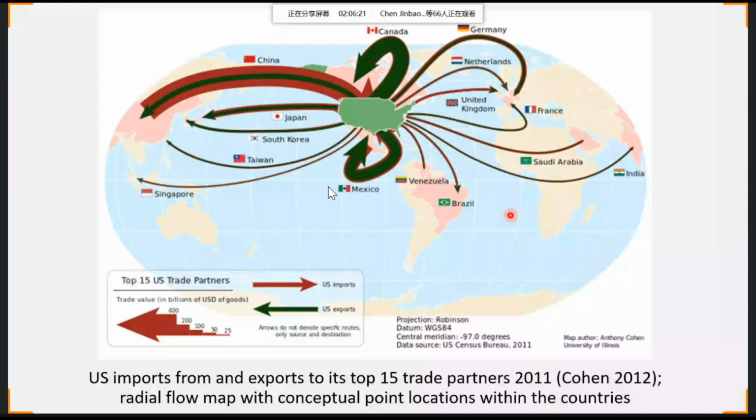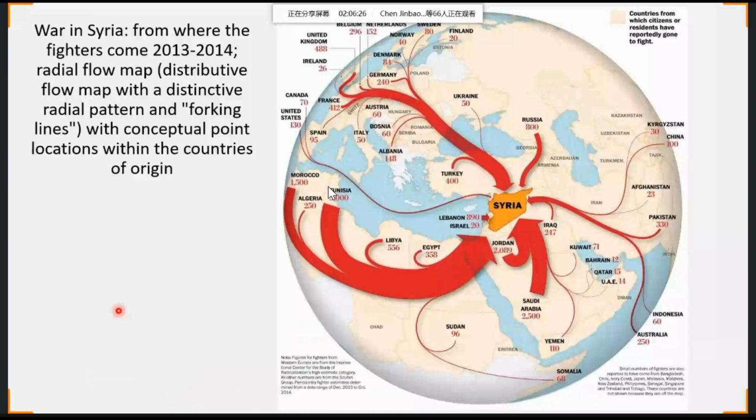That's a nice map, but the topic is not so nice. This is about foreign fighters that travel to Syria to fight there. It's about the war in Syria and about from where the fighters come, 2013 to 14. It's also a radial flow map. We can say it's a distributed flow map with a distinctive radial pattern.